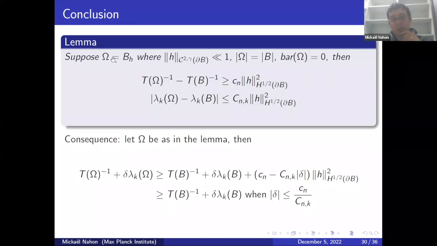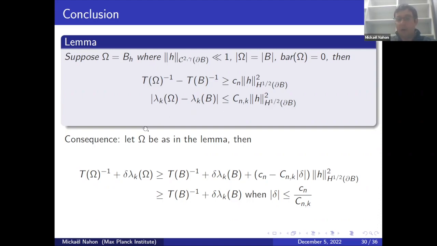You say that when omega is equal to B_h, when h is small enough, and you normalize to avoid rotations and translations of omega, then you have a coercivity of the torsion in terms of the H1/2 norm. And on the contrary, the deviation of lambda k is controlled by the H1/2 norm.